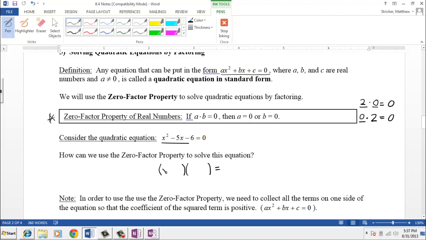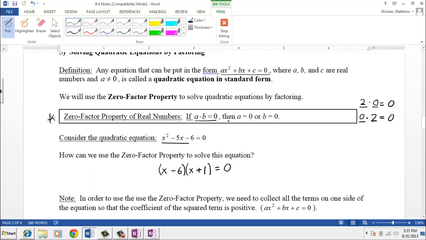And so here we have, of course, x times x, and we have a negative 6 and a positive 1, because negative 6 times 1 multiplies to give negative 6 and adds to give negative 5. So now we have this first part of the zero factor property established. We have something times something equals 0.